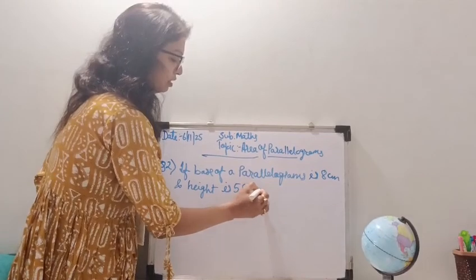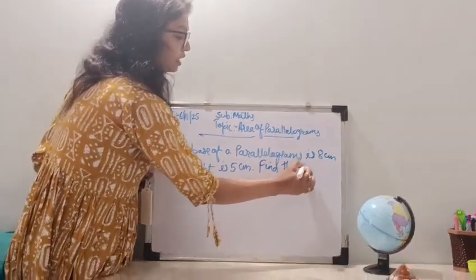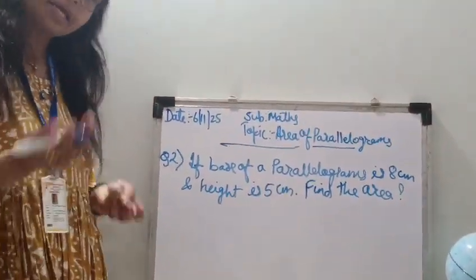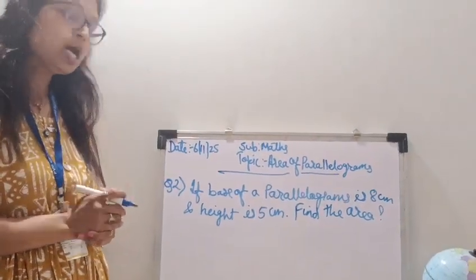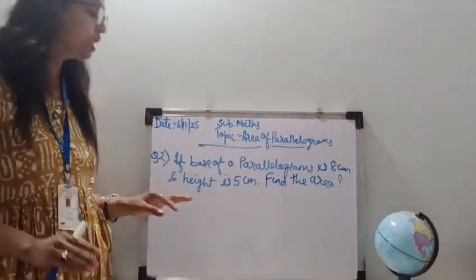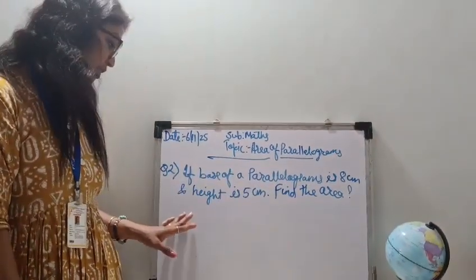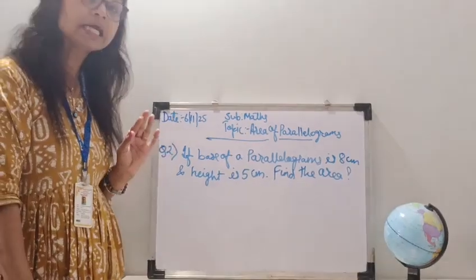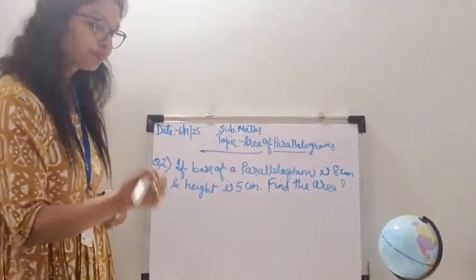Find the area. Now what we have to do here? Again we have to apply the formula over here. Right? I will repeat the question for you once again to understand more clearly. If a base of a parallelogram is 8 centimeter and height is 5 centimeter, then we have to find the area.